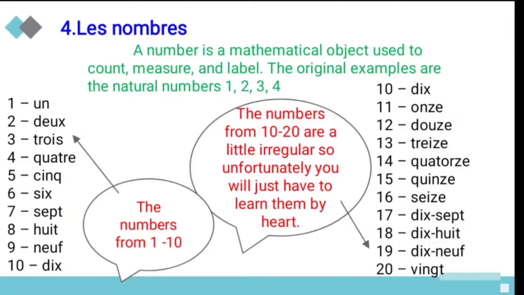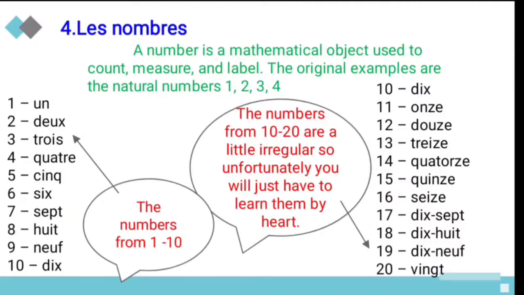And next, move to the 11 to 20 numbers. The 10 to 20 numbers are a little irregular, so unfortunately you will just have to learn them by heart. So these 10 to 20, you have to read by yourself only. And the rest of the things are very easy.